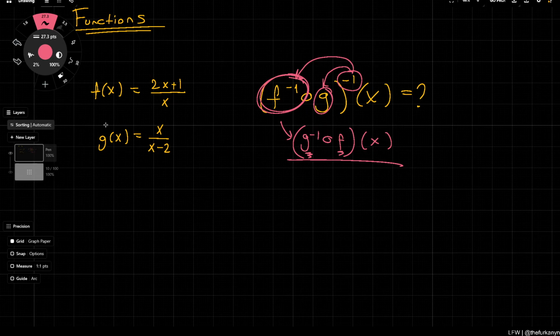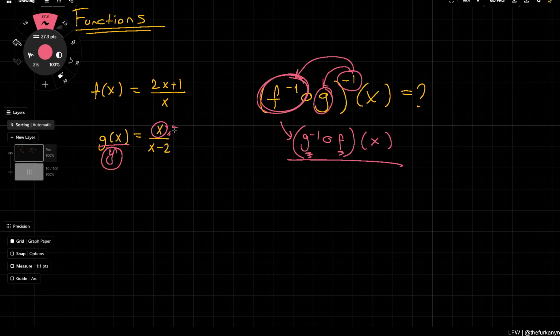Now let's start. When in functions we want to get the opposite of a function, we put y instead of this element. The aim is to put the x element alone. So we just really want to make this alone.